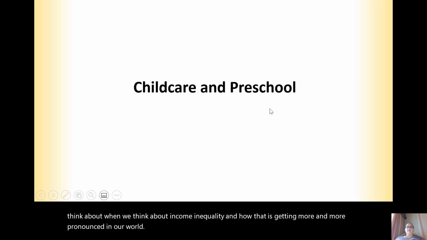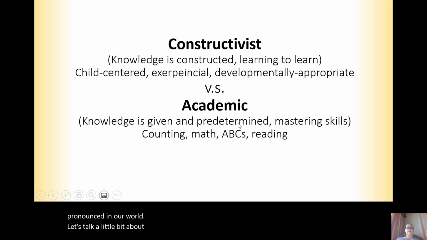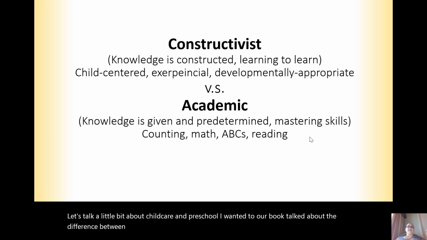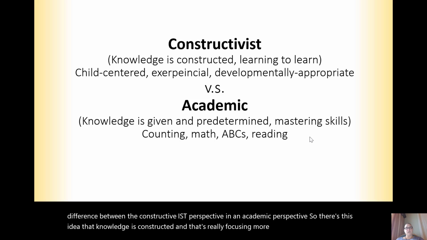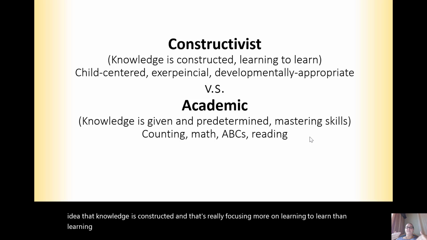Now let's talk a little bit about childcare in preschool. Our book talked about the difference between the constructivist perspective and an academic perspective. So there's this idea that knowledge is constructed, and that's really focusing more on learning to learn than learning a set amount of skills or information.